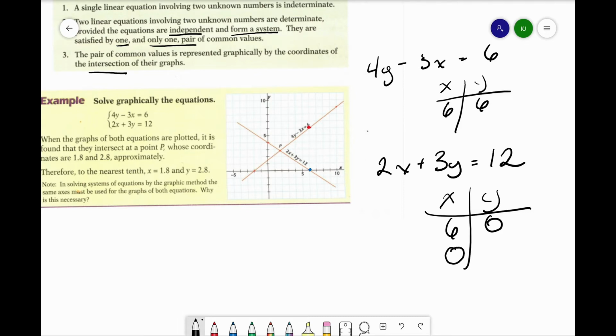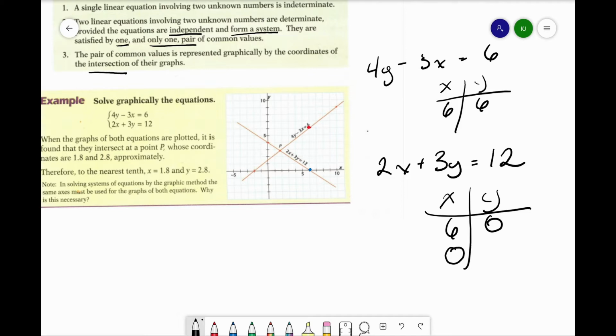Now, there are times where we may have ones that don't fall on a whole number. On those times we're going to have to use decimals. So for this one, if x equals 0, what does y equal?